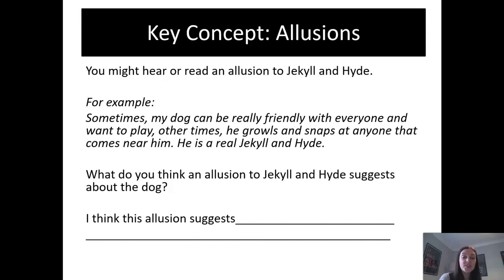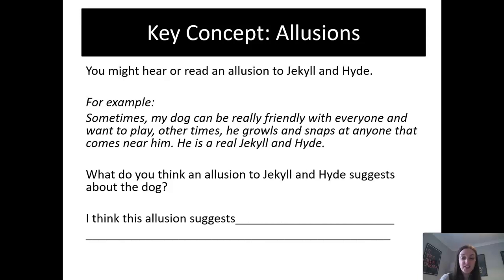Okay, so you might have said something like that this allusion suggests that this dog has two sides to its personality, but it perhaps has a kind of a split personality, that sometimes it can be good and friendly, but other times it can change its behaviour completely and behave in a more aggressive or evil kind of a manner.